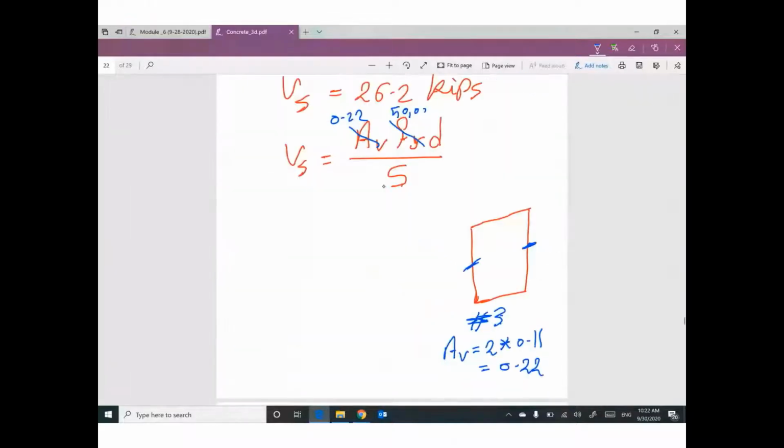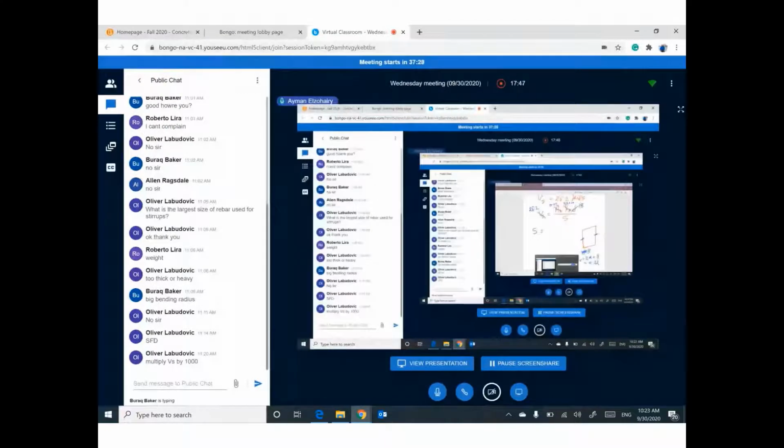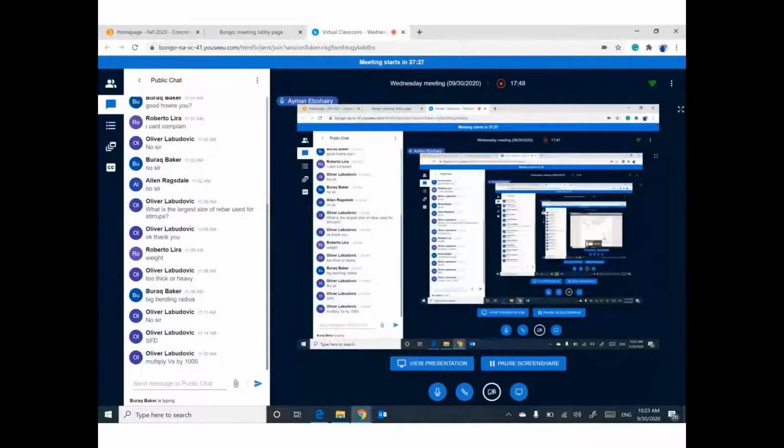Your depth is 18. Your value of Vs is 26.2. We have a mistake here. From this equation, I can figure out the value of S, and I will give you the value. But we have a mistake. Can anybody tell me what the mistake is?